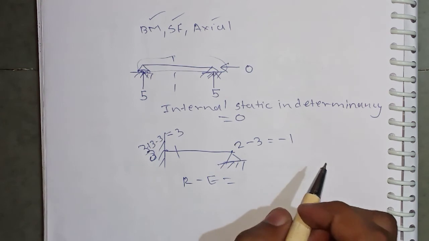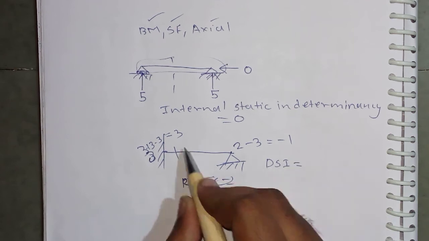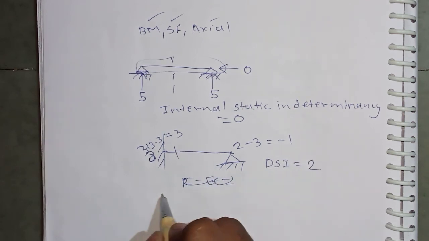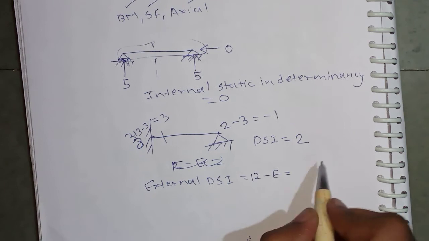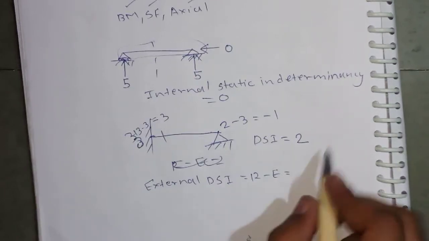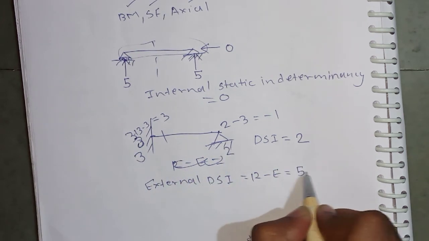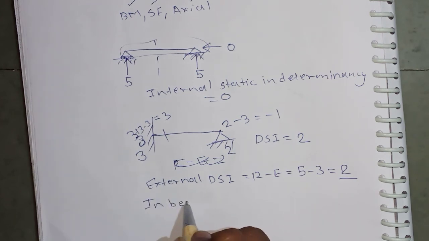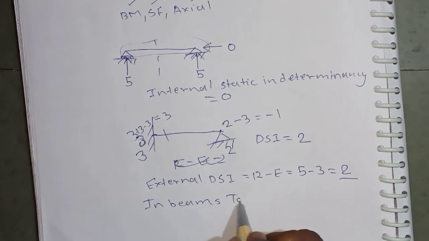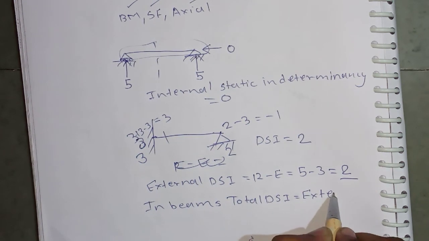So total DSI will be equal to 2, and external DSI will be equal to R minus E, which is the number of external reactions, 3 and 2, 5, minus 3, which is equal to 2. So in beams, total DSI will be equal to external DSI.